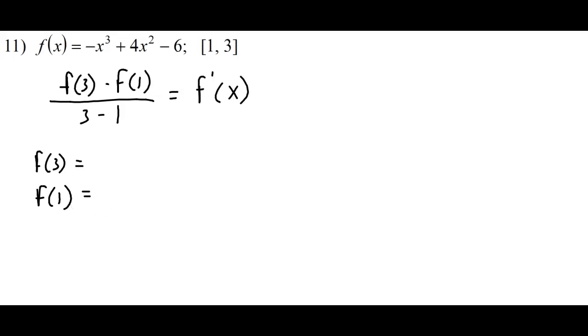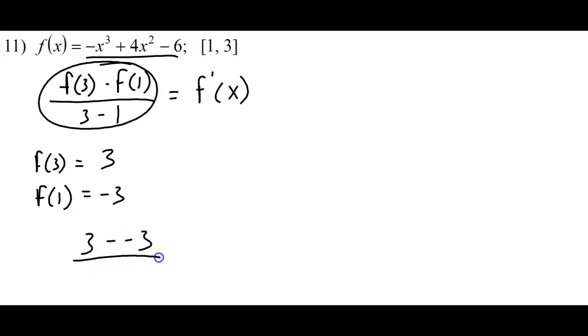To do that, we just plug them into the original function up here and work it out. So plugging them in and simplifying, we get 3 and negative 3. So working this out now, we'll have 3 minus a negative 3 over 3 minus 1 equals, now we want our derivative.